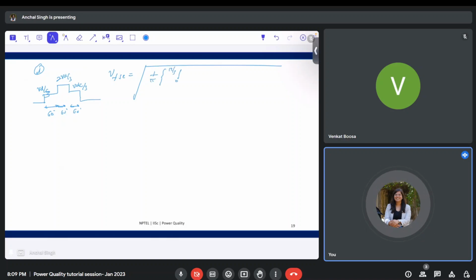From 0 to pi by 3, it will be 239.6 root 2 into sine theta minus Vd by 3, which is 163.29, whole square d theta, plus pi by 3 to 2 pi by 3 will be 239.6 root 2 sine theta minus 2Vd by 3, which is 326.59.